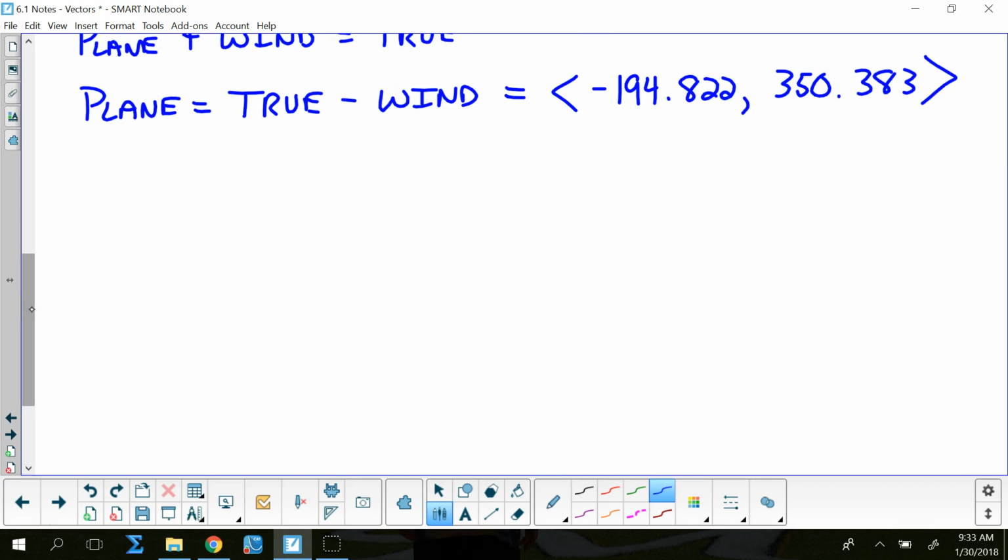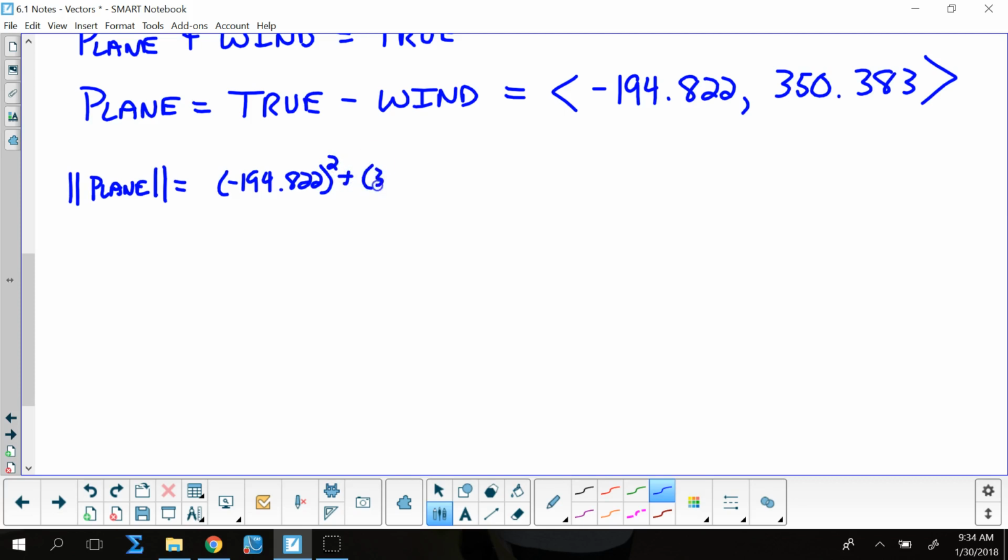So it's asking here, so then the plane's magnitude would be negative 194.822 plus 350.383.